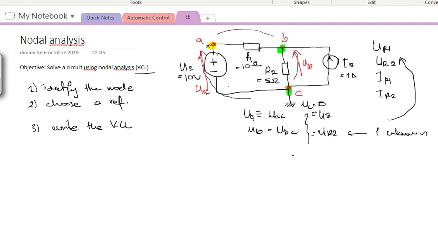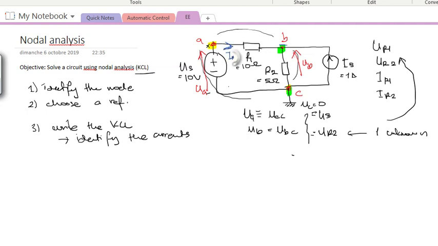So to do so, we have to first and foremost identify the currents. So where are the currents? I'll choose node B, and there is one current that comes here from the power supply into R1.